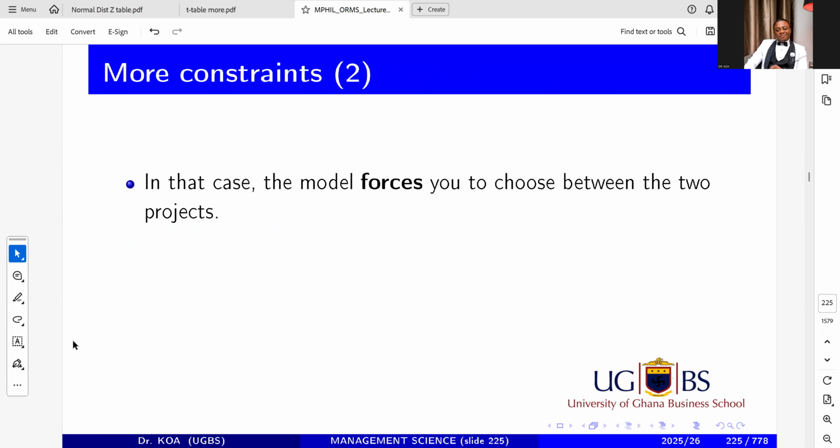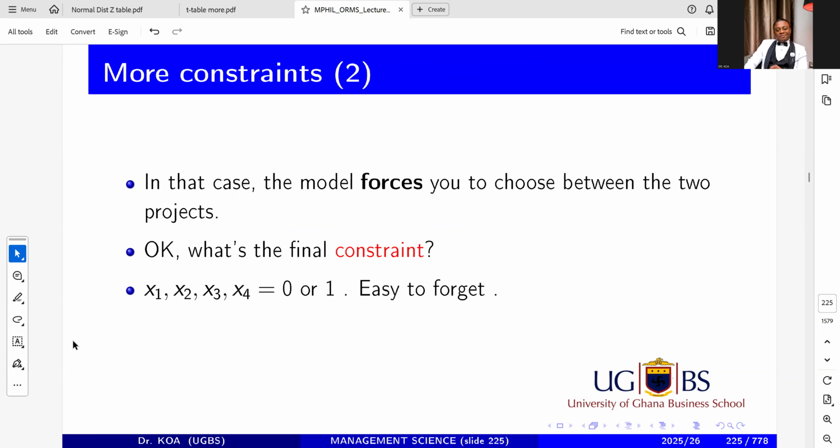Now, let's look at the non-negativity constraint. You've got to remember that, because sometimes you forget the non-negativity constraint. Remember, this is either the construction or the non-construction of a recreational facility. So because it's binary, you got to indicate that it's equal to 0 or 1.